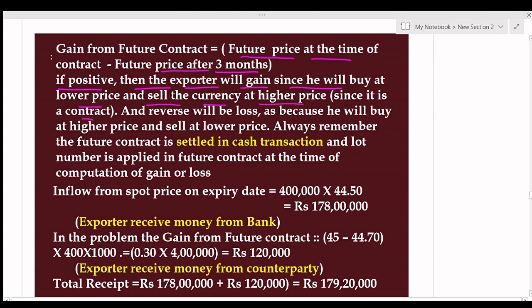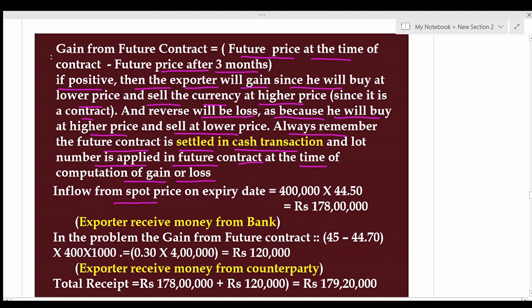And in reverse, it will be a loss because he will buy at higher price and sell at lower price. Always remember, the future contract is settled in cash transaction and lot number is applied in future contract at the time of computation of gain or loss.